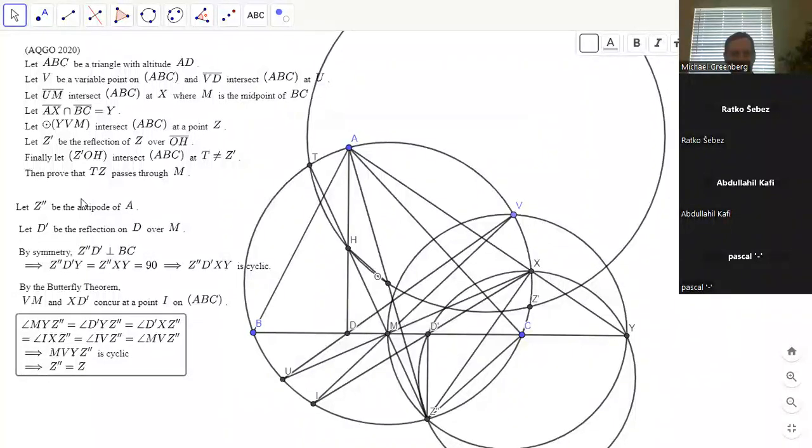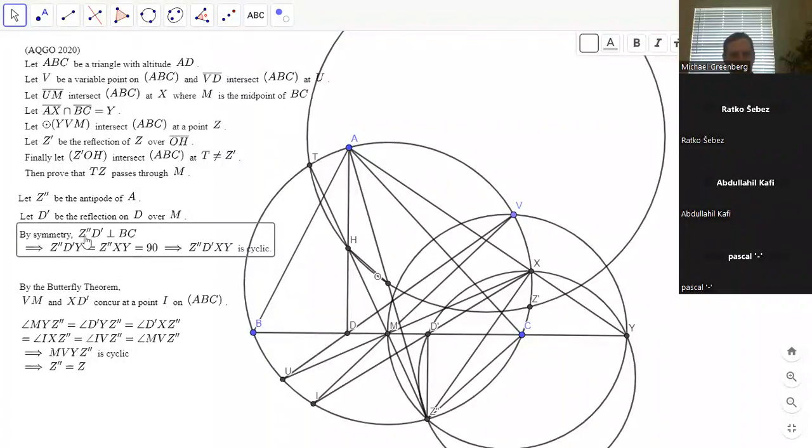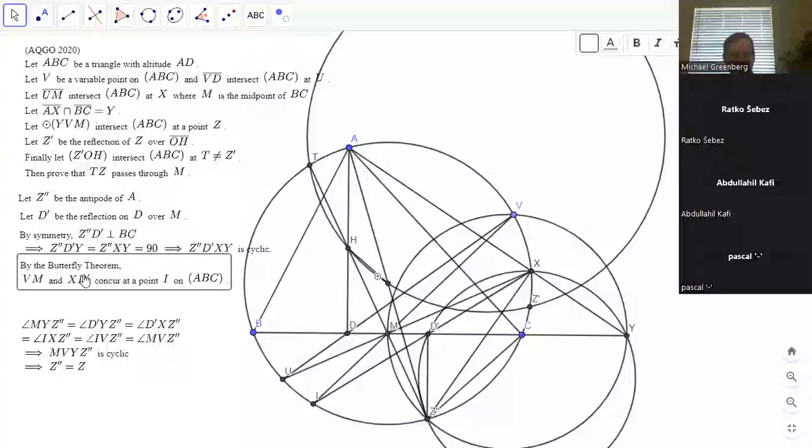And then for the second part, it's just an angle chase.